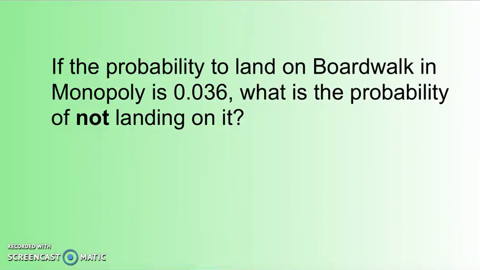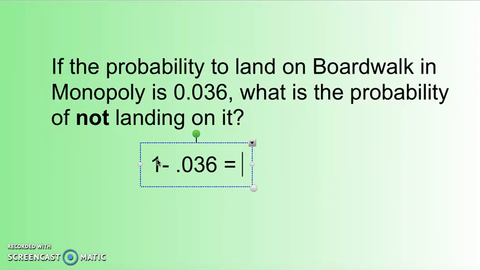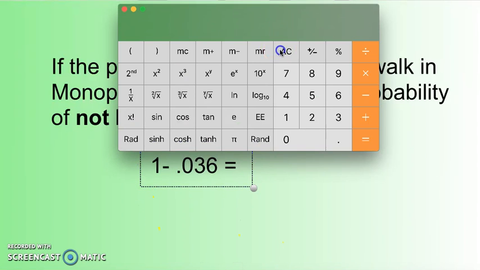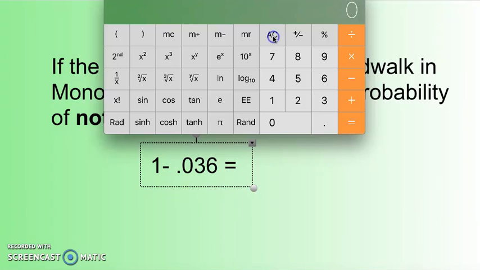It says if the probability to land on Boardwalk in Monopoly is 0.036, what is the probability of not landing on it? Well, remember probability, we're trying to get to a whole amount. And so we're trying to get to 1 whole. So if I know that the probability of Boardwalk is 0.036, I can subtract that from my whole amount and figure out what is left, the probability of not landing, because that's completely opposite.